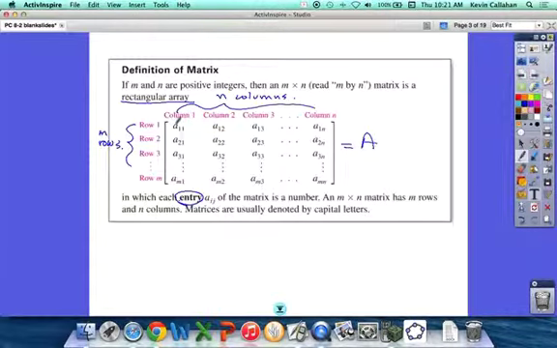So you read this literally: this is first row, first column, this one is second row, first column, this one is third row, first column. As you go across, you're going first row, first column, first row, second column, first row, third column. A32 is the entry in the third row, second column.